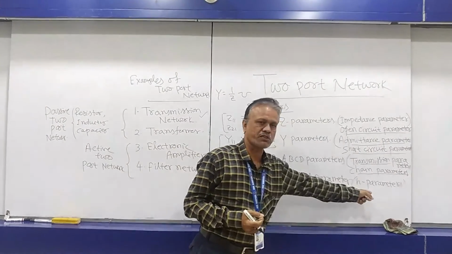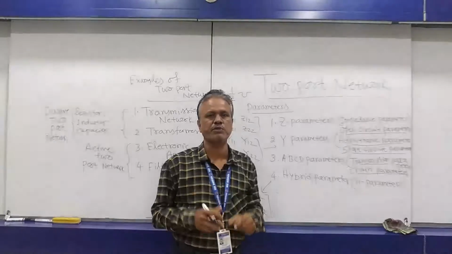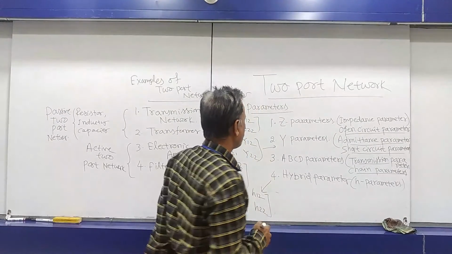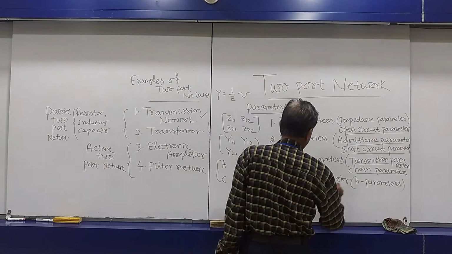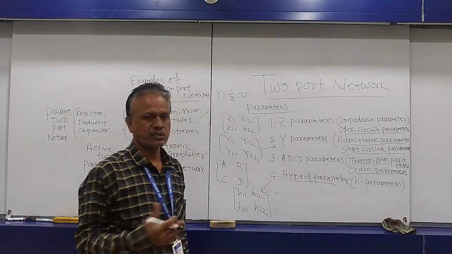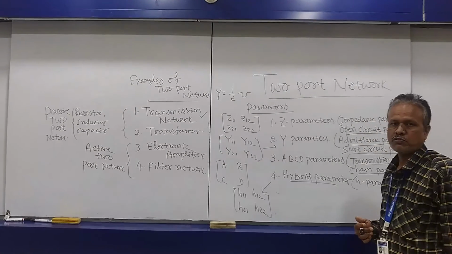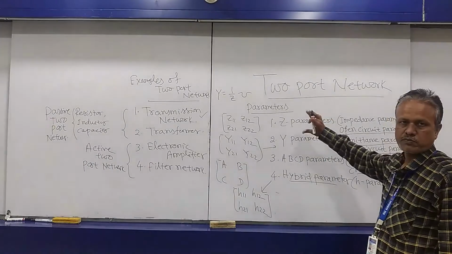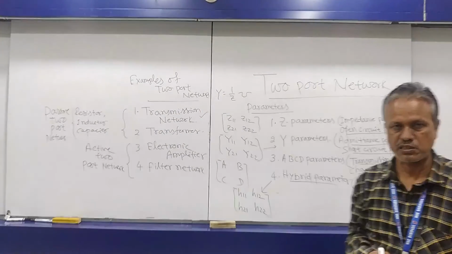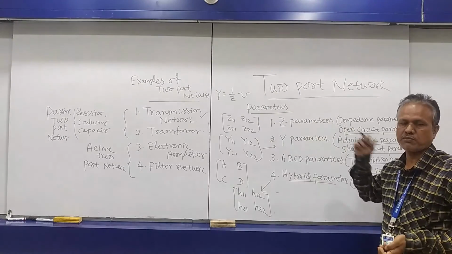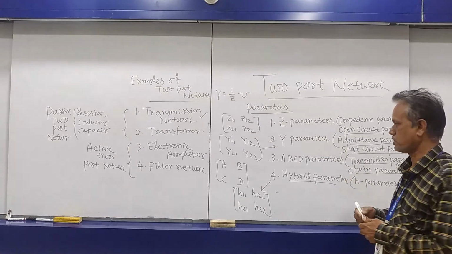Similarly, hybrid parameters are used for designing of electronic components or electronic circuits. So we have discussed their applications. Now let us come to one or two parameters, how their equations are written, and also how the parameters can be determined. We will explain it.